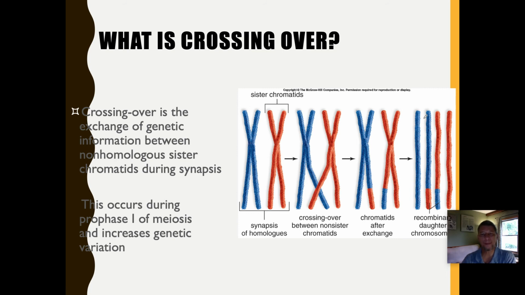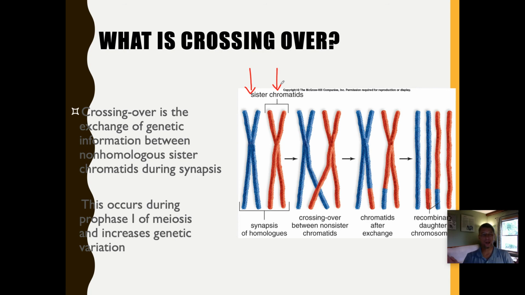So what happens here is that, for example, let's say this is dad's chromosome number 6, and this is mom's chromosome number 6. Now, they've already duplicated, all right? And so each of those chromosomes is composed of 2 sister chromatids.